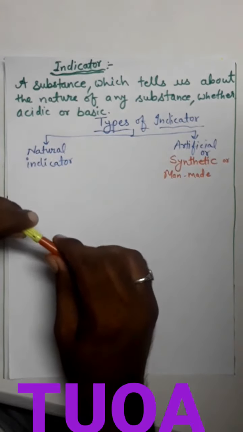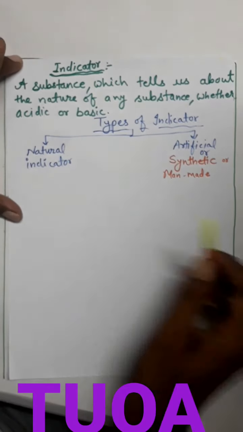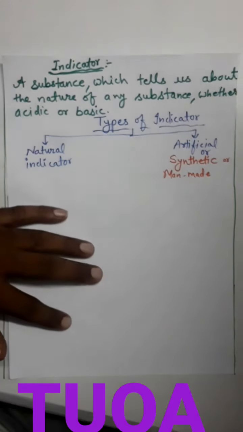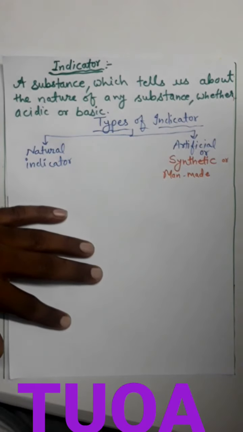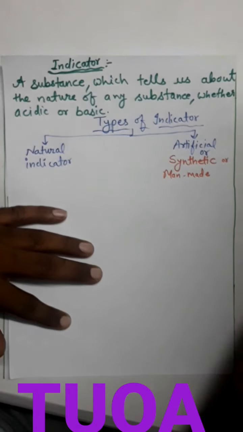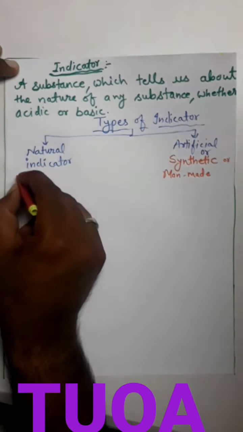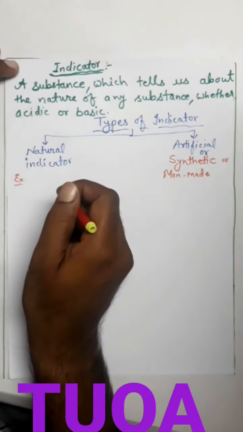These are the types of indicator, that is synthetic indicator, man-made indicator or artificial indicator.